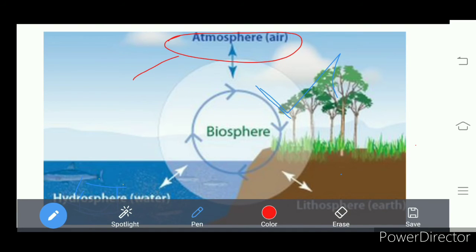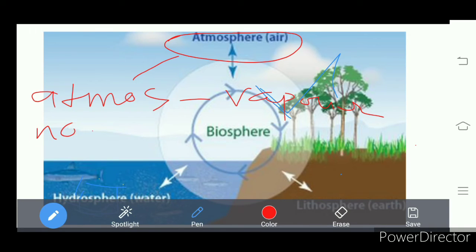Atmosphere is an English word derived from the Greek word atmos. Atmos means vapor. Understand? Atmosphere includes a number of gases.